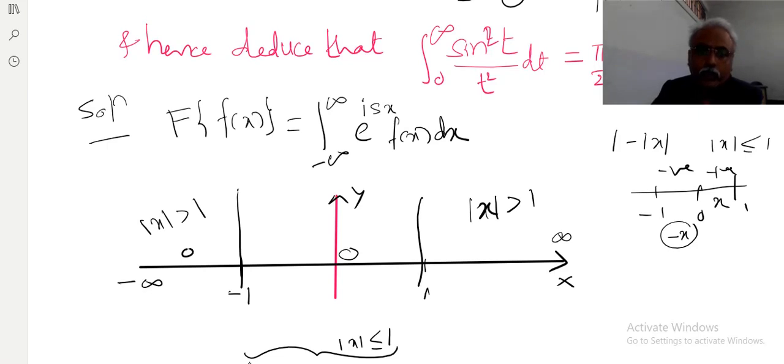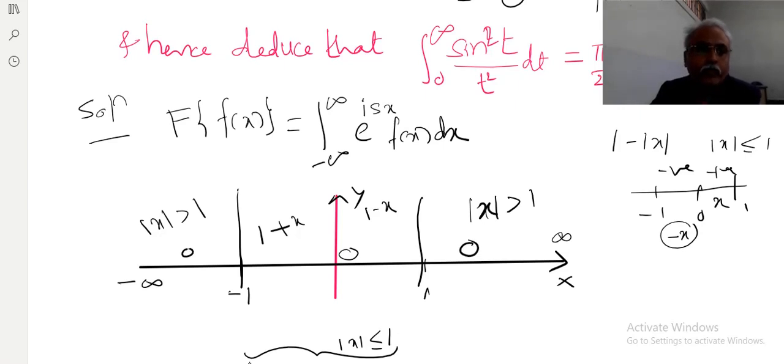Here it is 1 minus of minus x, because the value of mod x is minus x whenever x is in the negative range, and it is x whenever it is in the positive range. So in the negative range 1 minus of minus x becomes 1 plus x, and this becomes 1 minus x, and this becomes 0.